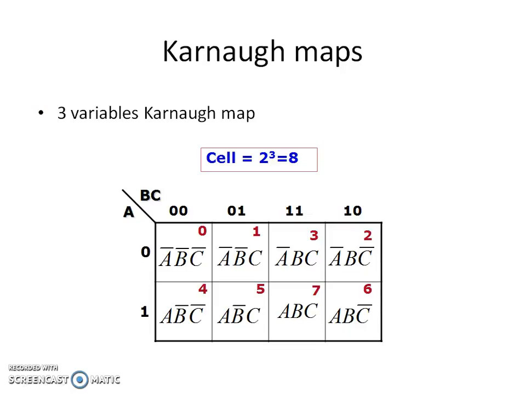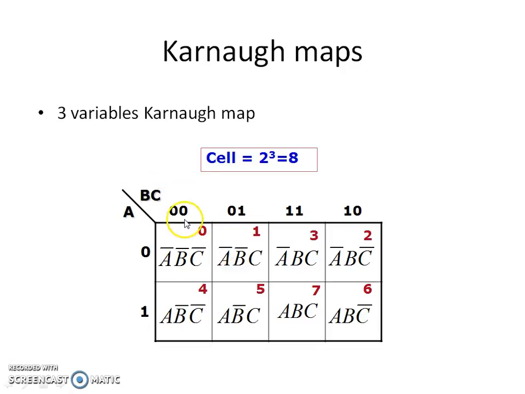Then for a 3 variable K-map, we have 2 raised to 3, that is 8 cells. We have 8 combinations that are mapped into the cells. The first combination is a bar, b bar, c bar, that is a is equal to 0, b is equal to 0 and c is equal to 0. In this row a is 0 and in the second row a is equal to 1.